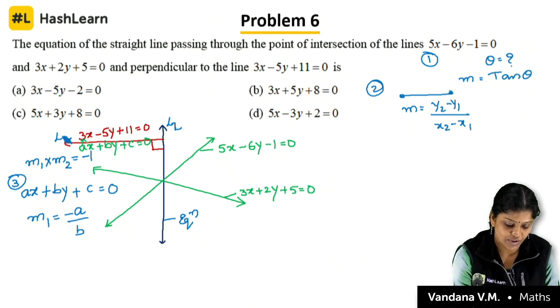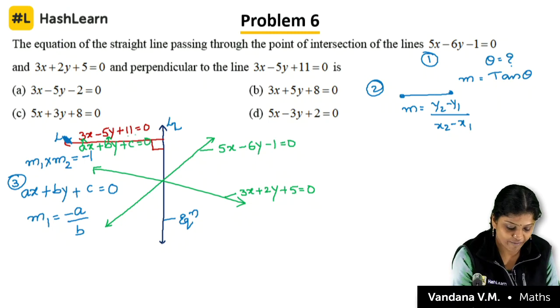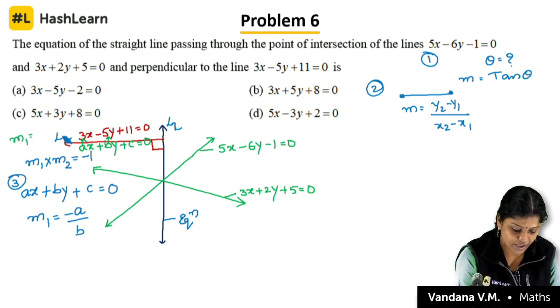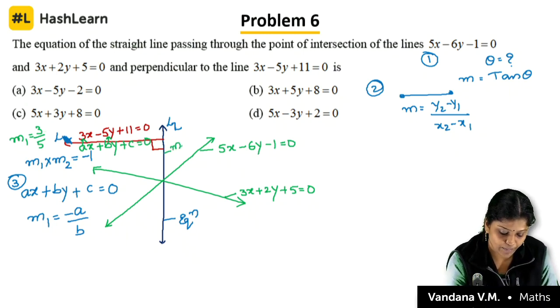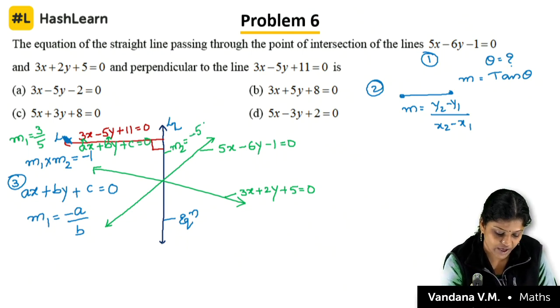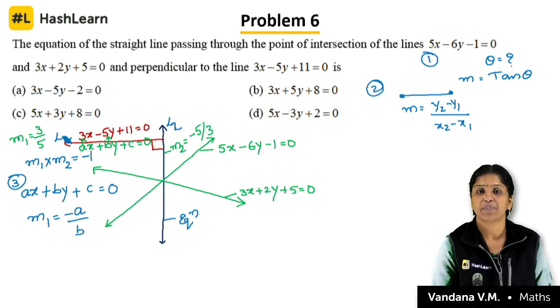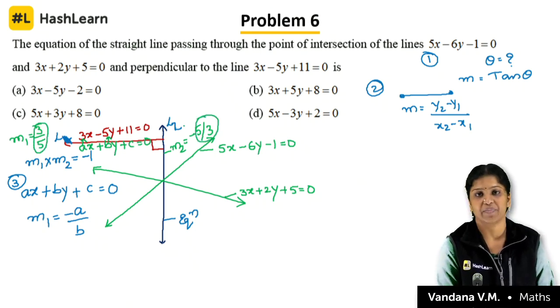So, A value is 3, B value is minus 5. So, your M1 becomes 3 by 5. Now, I want the slope for L2. M2 is minus 1 by M1, so that is minus 5 by 3. Reciprocal: here it is 3 by 5, it must be 5 by 3.